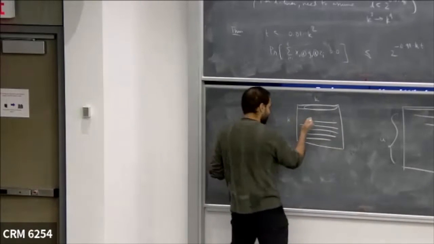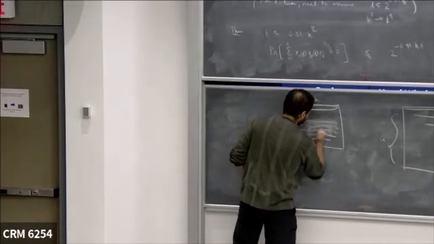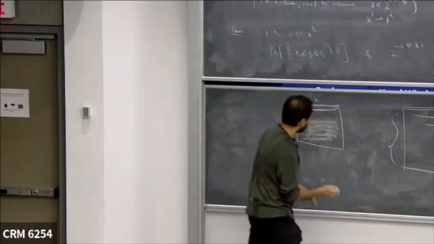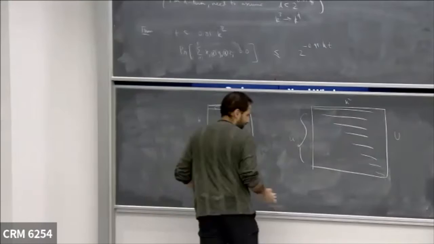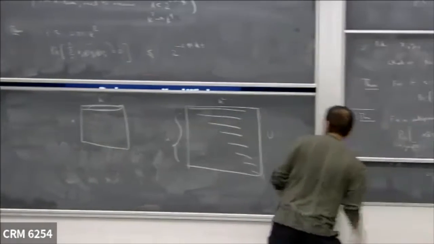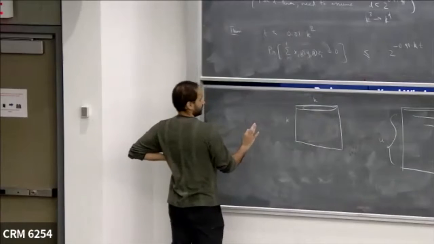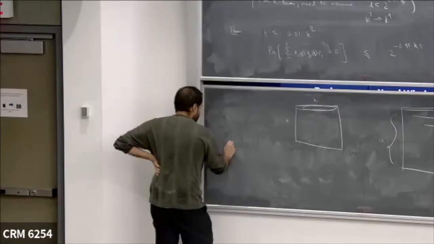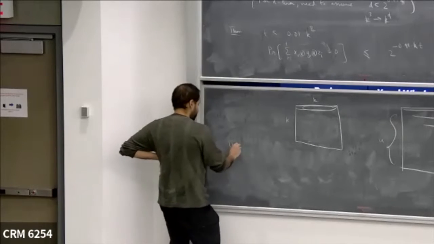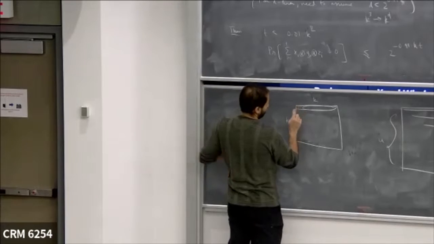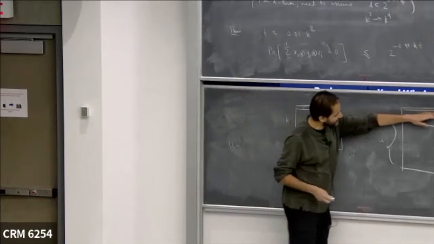Okay, and this gives us some shape for the space U. So I'm going to write that shape. Good. So I will gather some of these rows.